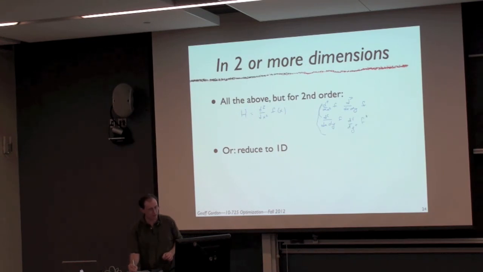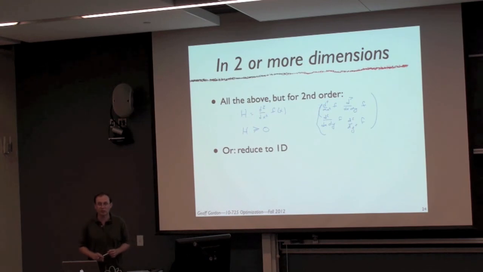So that would be the Hessian in 2 dimensions. And the condition is that the Hessian has to be positive semi-definite. This is a generalization of the condition that it has to be bigger than or equal to 0. If there's just one dimension, the Hessian's just a single number, and that number has to be non-negative.